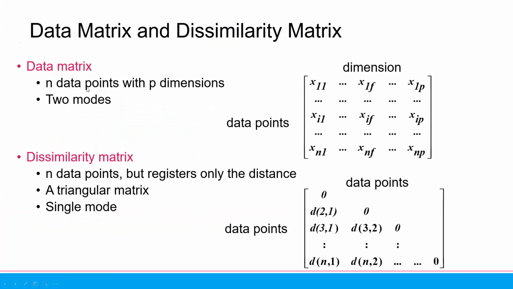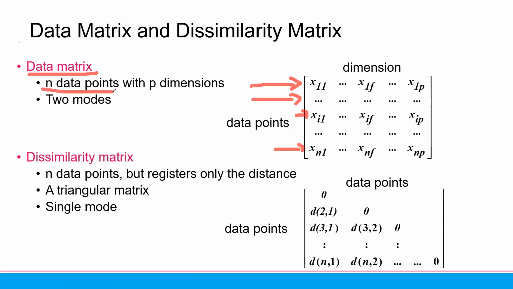So there are two things that we will learn during this chapter. The first is about the data matrix. The data matrix is the same as your initial materials. We can have rows: row 1, row 2, row i, until row n.